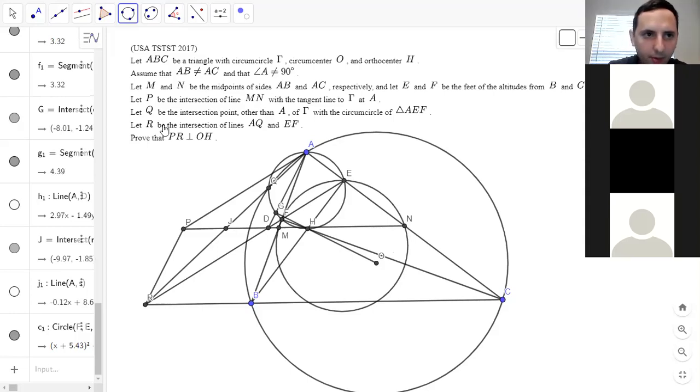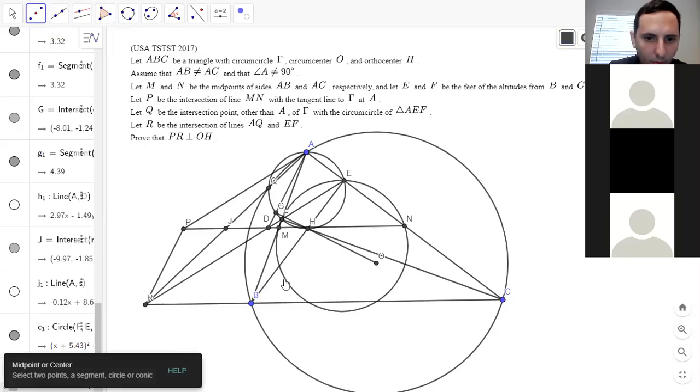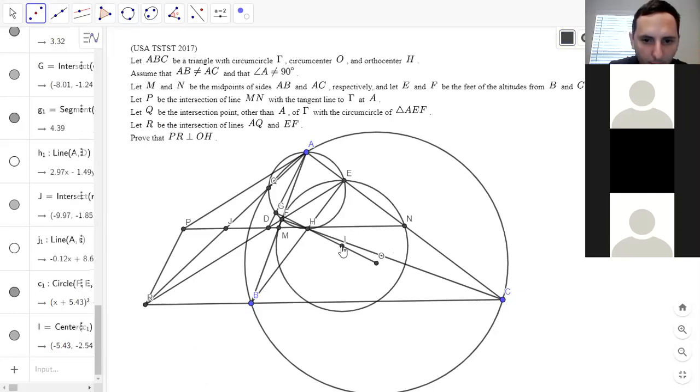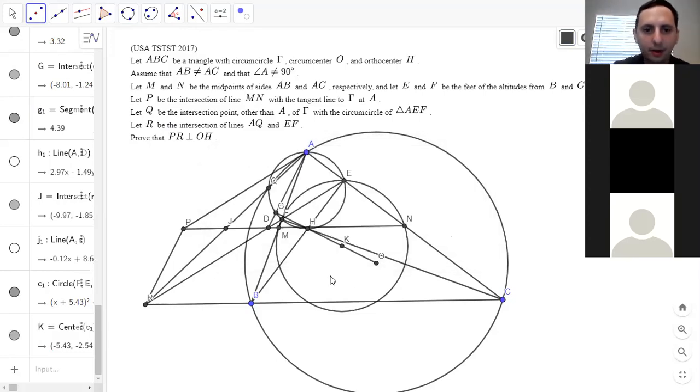So if we draw the center of that, it's going to lie on OH, right? So we could call it K. It will be the midpoint of OH. Maybe we could show that OK is perpendicular to AD somehow.